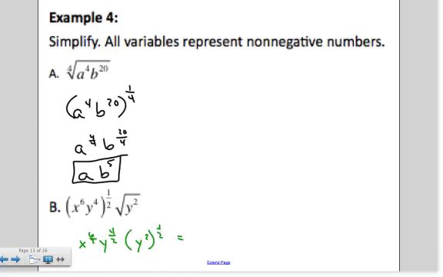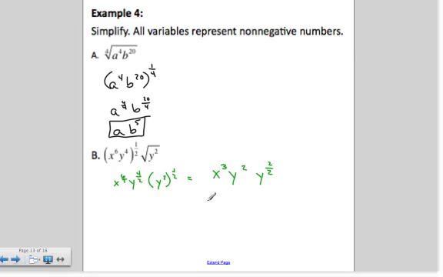Okay, so we have x, 6 over 2 is 3, 4 over 2 is 2, and y squared to the 1/2 is y to the 2 over 2. And that would give me x cubed y squared times y, and y squared times y, you add the exponents, so that's x cubed y cubed. Love it, right?